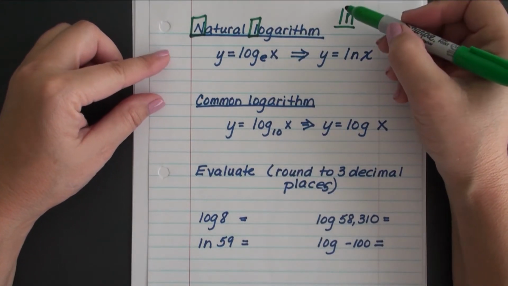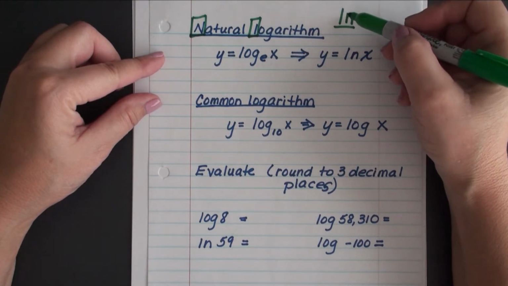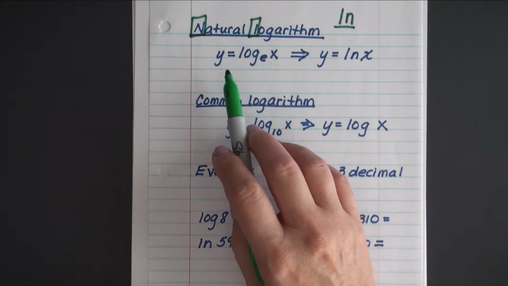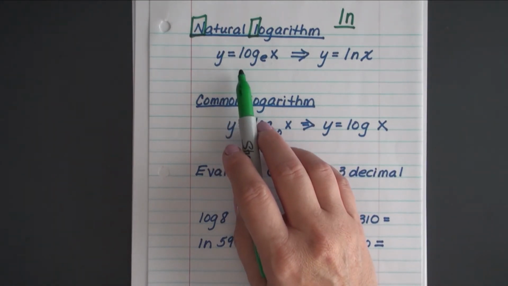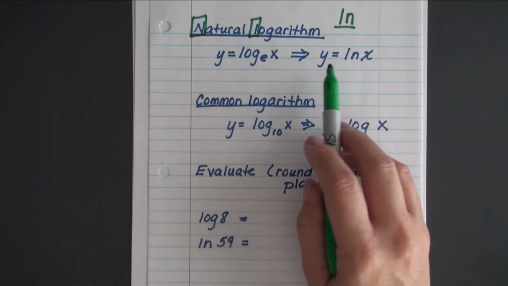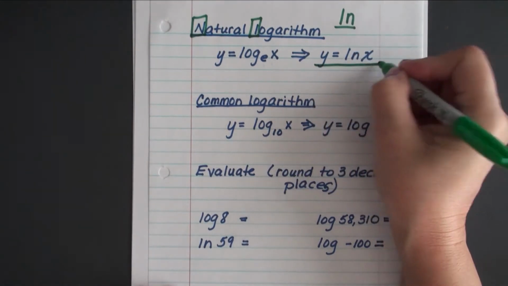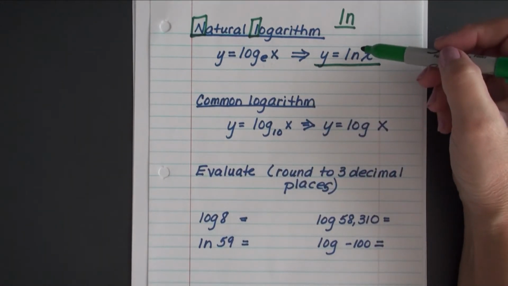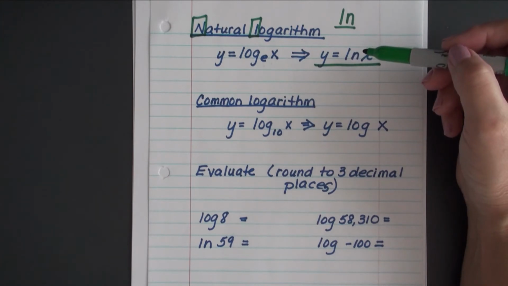A lot of students think this is a capital I, but it is not a capital I, it is an L. And the definition of a natural logarithm is that y equals the log base e of x is equivalent to y equals ln of x. So anytime you see the ln, which means natural logarithm, you will assume that we are talking about base e.